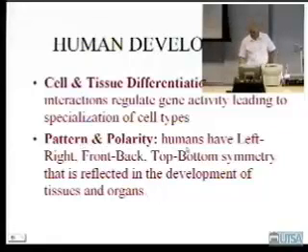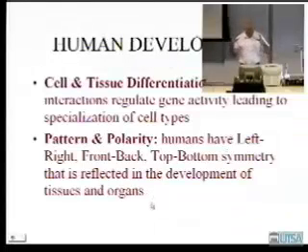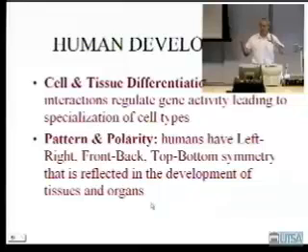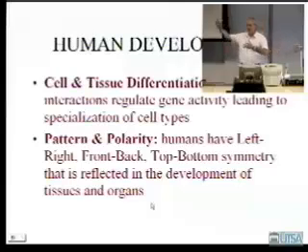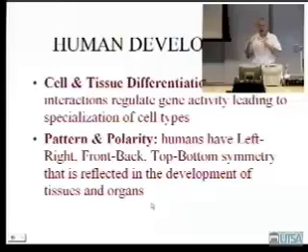So pattern and polarity then become very important. So we've got these undifferentiated clusters of cells that are just kind of moving and dividing and reorganizing. Somehow they're figuring out where they're supposed to go. We'll see that different cells from different layers have got to end up in certain locations in order to produce certain organs. So it's highly organized. And we just look at it in awe in this class.